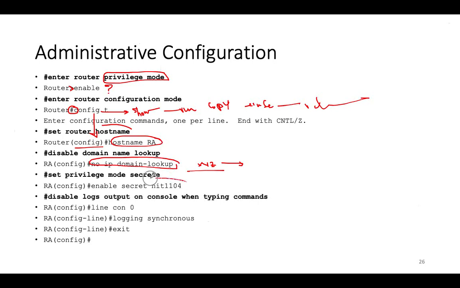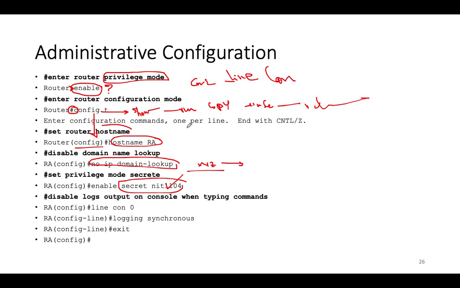Here, if you want to put some kind of password, we can put a password in the enable mode. For example, if you try to type enable here, it will ask you for a password. And in the console itself, we can use the command called line con.